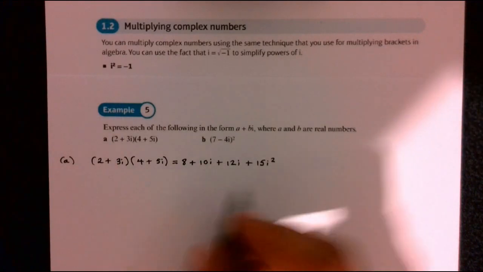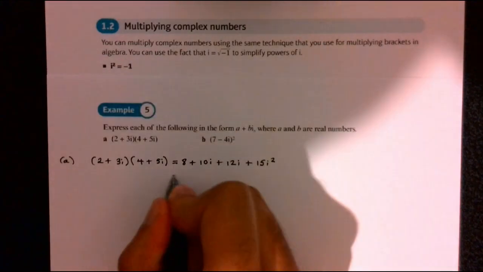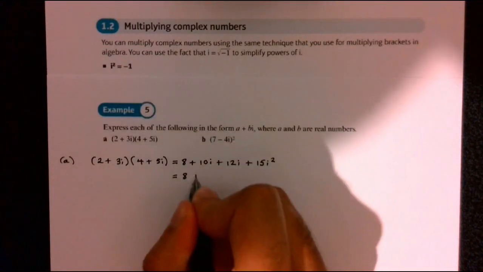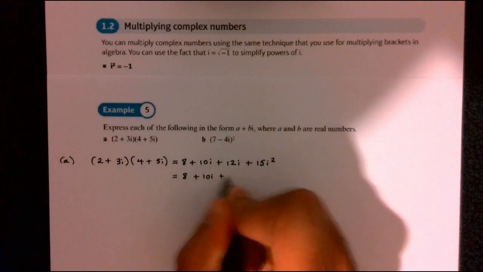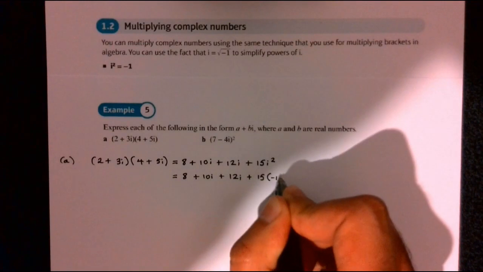So if we use the fact that i squared is equal to minus 1, we have 8 plus 10i plus 12i plus 15 lots of minus 1.